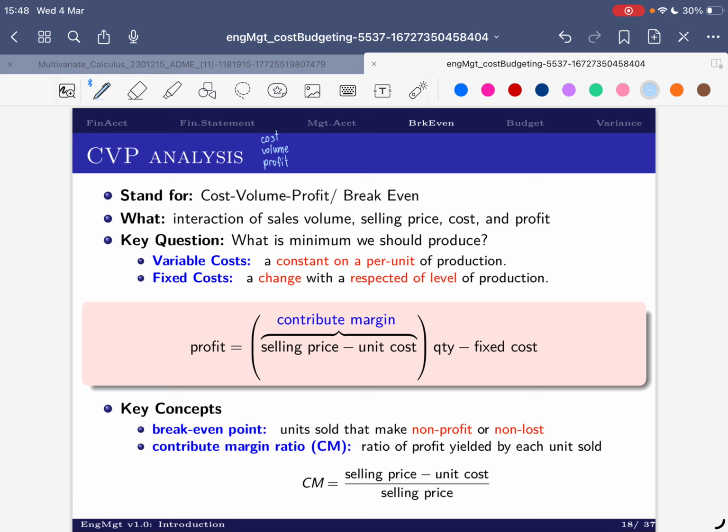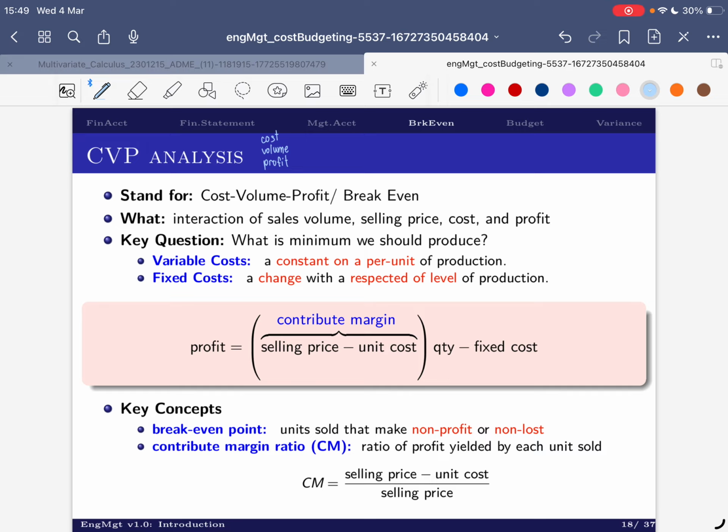Another term for that is the relevant range. We use this analysis based on the key assumption that you're going to produce within a certain range. Beyond a certain range, things could be different. For example, think about an item that you purchase.